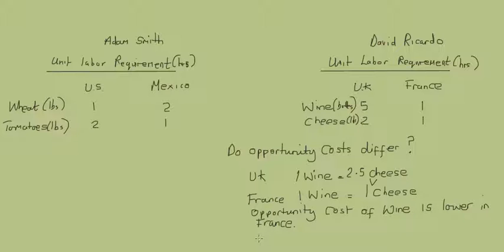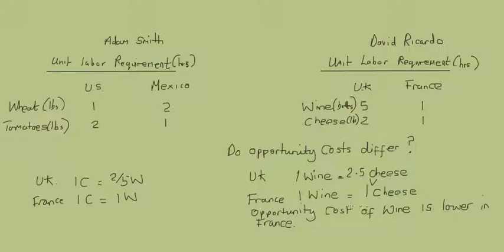We'll just spell all that out if you want. So this is the opportunity cost of cheese. 1 cheese in the UK is equal to 2/5 of a wine. And then for France, 1 cheese equals 1 wine.